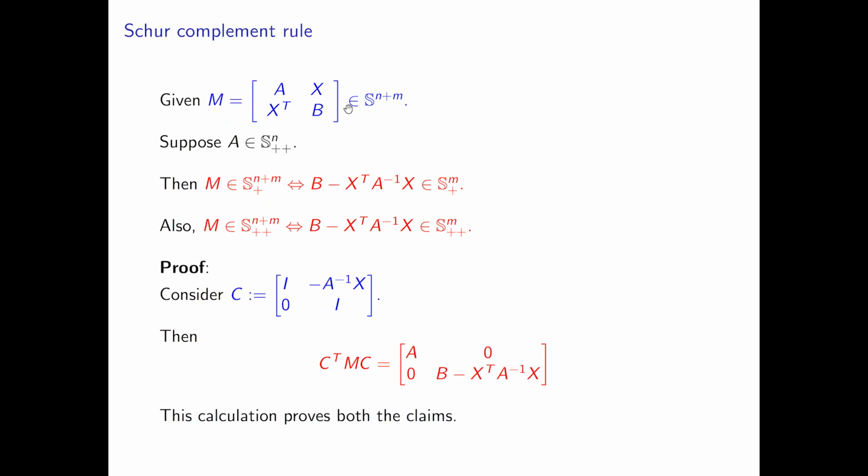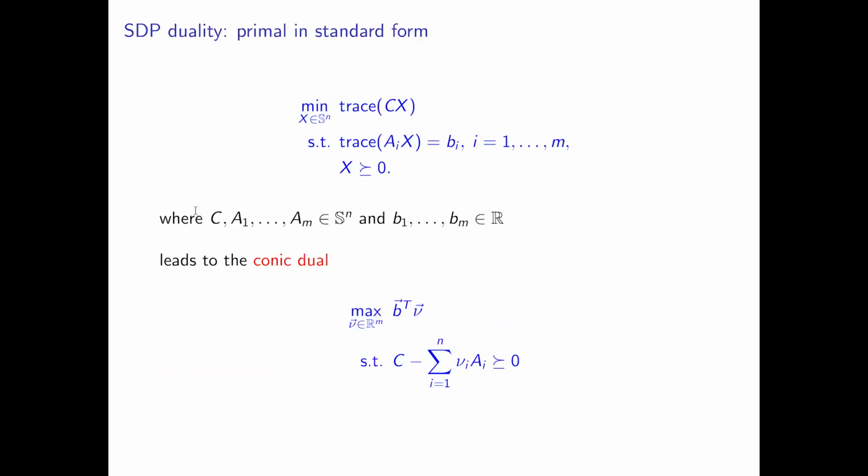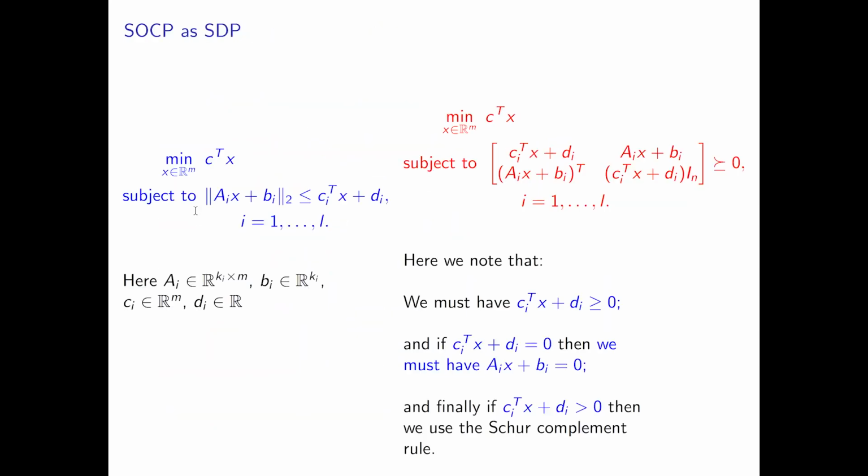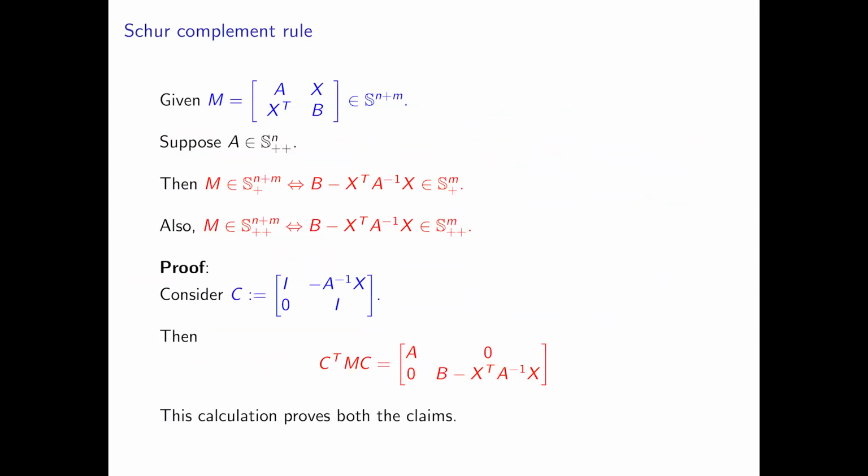So let's say that you've got a symmetric matrix M, which is an (n plus m) by (n plus m) matrix, and it's written in blocks. So A is an n by n block, B is an m by m block, and it's symmetric. So if I have an x here, it better be an x transpose there. For this version of the Schur complement rule, I assume that A is a positive definite matrix.